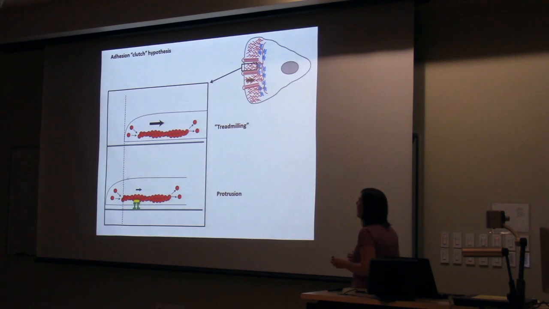So first let's talk about the engine, or what's driving the motion. One hypothesis is commonly called the adhesion clutch hypothesis. And the way it works is, in this schematic, we're looking at a bird's eye view of the cell. And near the leading edge, what this cartoon shows is a dense network of actin filaments.